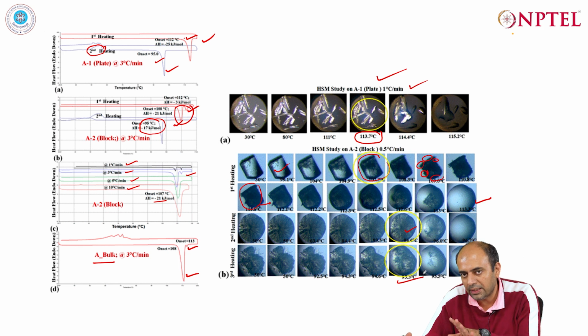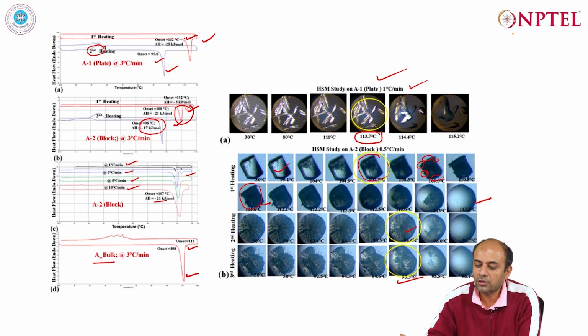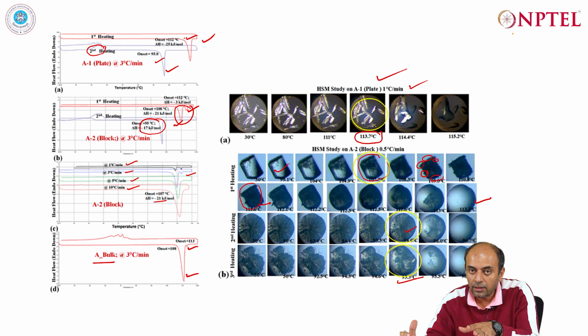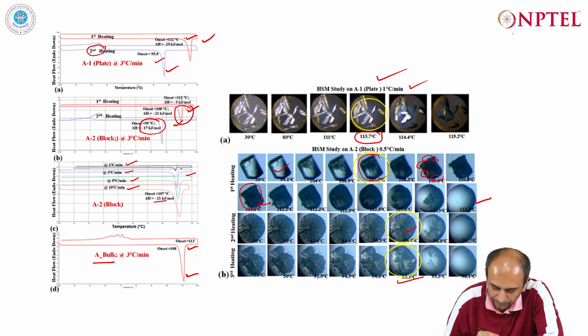So, the metastable state, once it is formed, stays for a considerable period of time, but it essentially originates from the phase transition of the block to the plate form, the melting of the plate form, followed by the conversion into the metastable state. So, you can see that these kinds of interesting events can take place, where you can determine the melting points of the different phases from DSC, supported by HSM studies as well.